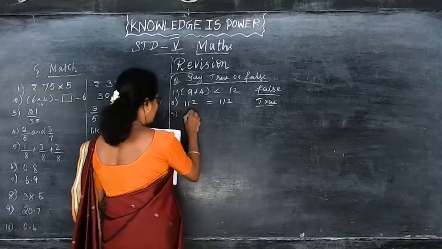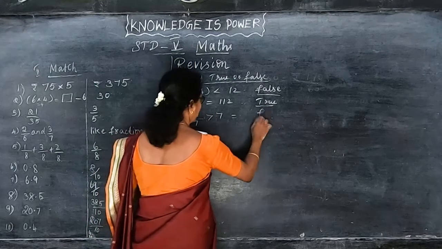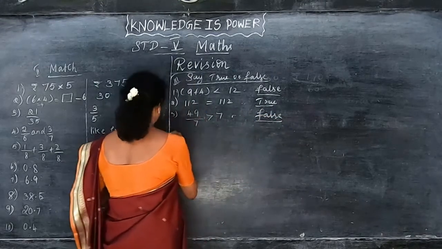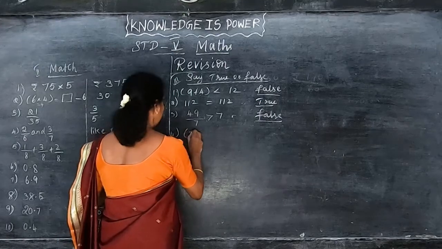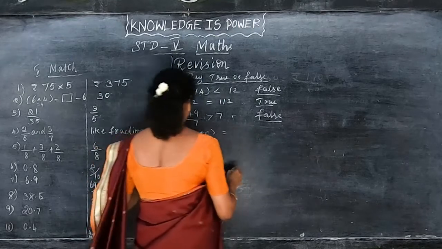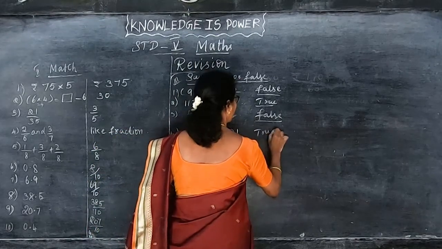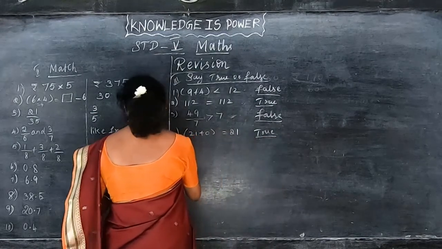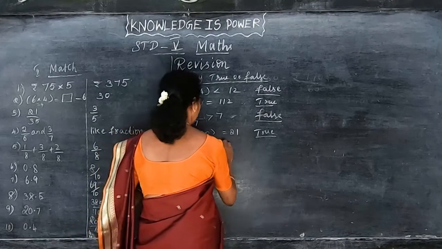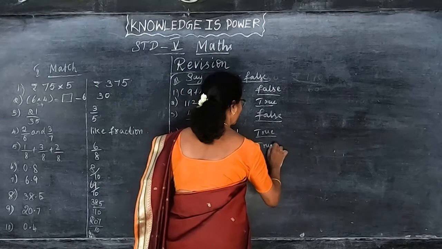And third one, 49 by 7 is greater than 7, false, because that is equal only. Fourth one, this is in the book itself, 21 plus 0 is equal to 21, that is true. Then fifth one, 4 into 3 is equal to 3 into 4, that is true.